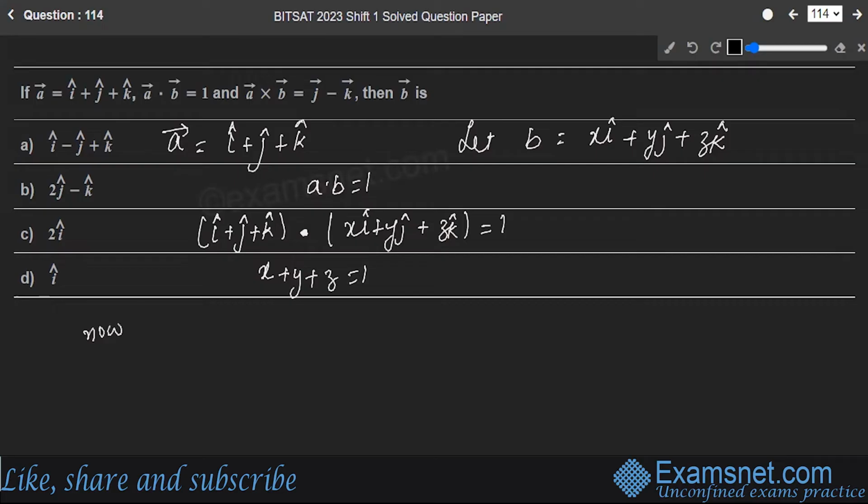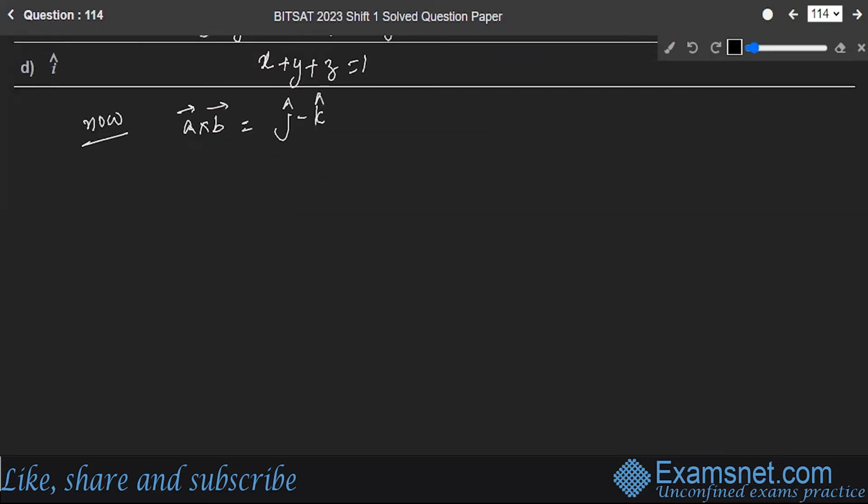Now you are given the cross product of A and B as j vector minus k vector, unit vectors. And A was equal to i plus j plus k. So the cross product with the vector xi, yj, zk is equal to j minus k.